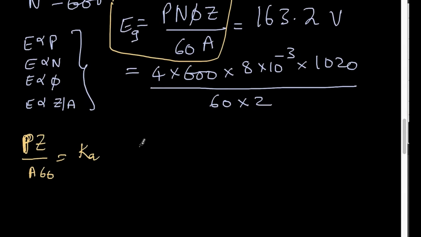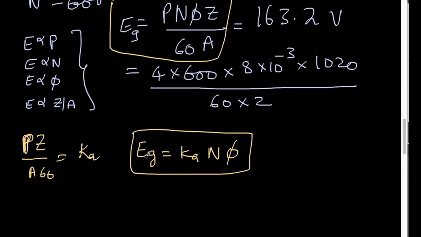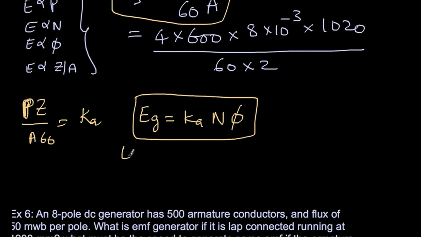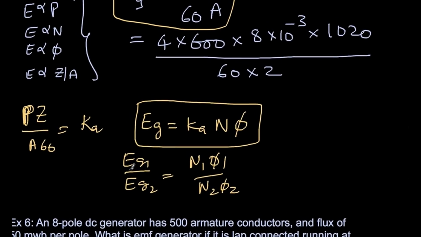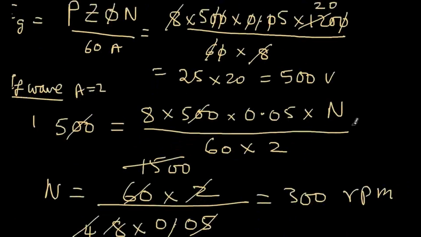So if I define this as Ka, then Eg is nothing but Ka multiplied by N multiplied by phi. So the EMF generated is proportional to the speed and flux. Either you have more flux or you have more speed of rotation to generate more voltage given a fixed Ka. So from this, I can write Eg1 by Eg2 is nothing but N1 phi 1 by N2 phi 2. So again, if some of the parameters are given, one of the other parameters can be calculated based on this. Then we solved a couple of problems on it.